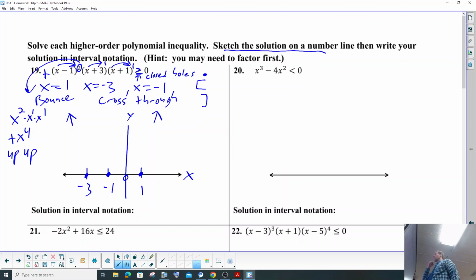Okay, so that's negative 3 we're going to cross through. At negative 1 we're going to cross through. And then at 1 we're going to bounce. There we go. Okay, so now we graphed it.